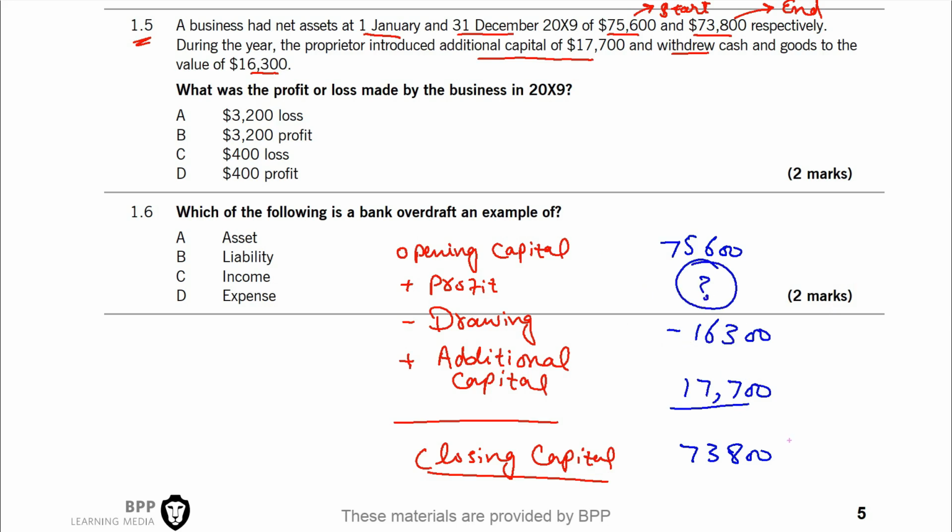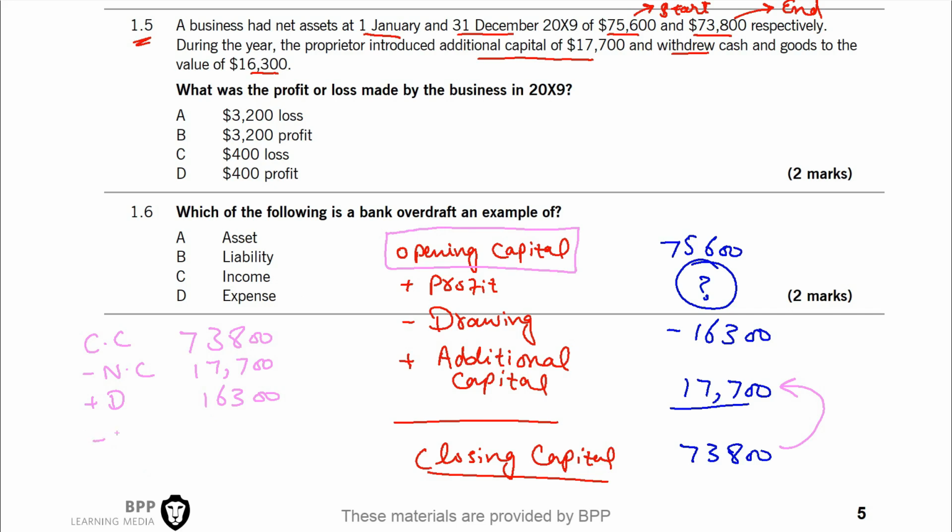So again we will do a backward calculation. That means right now we will deduct this 17700 from this amount because we are going back. So it will be 37800, which is our closing capital. We are deducting new capital from this amount, which is 17700, and we are adding drawings to this amount, 16300, and now finally we will deduct our opening capital from this amount.